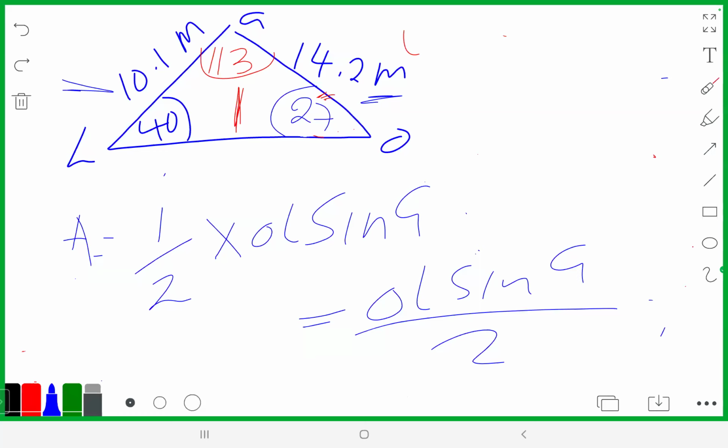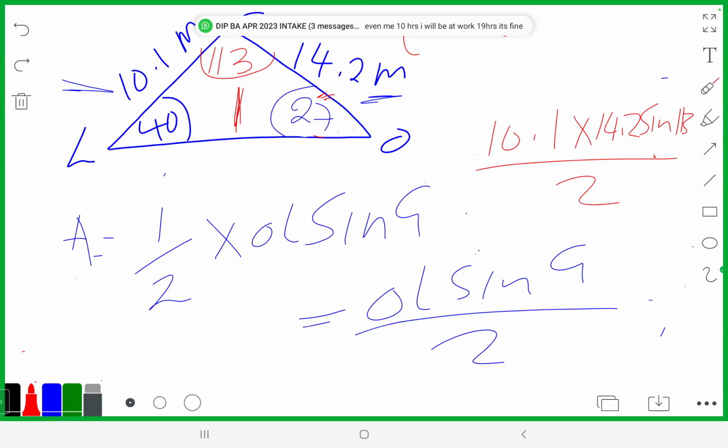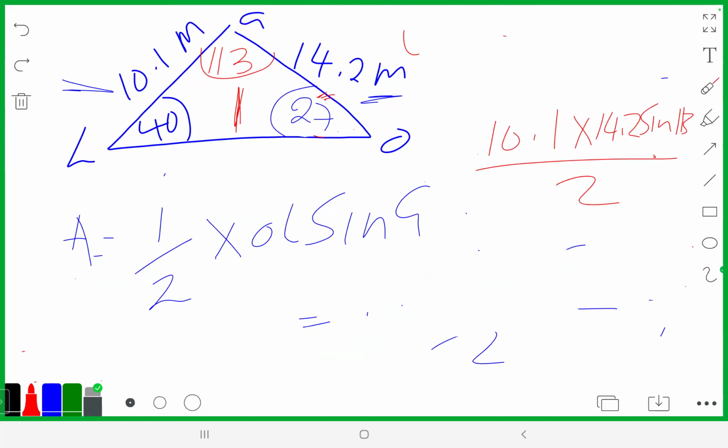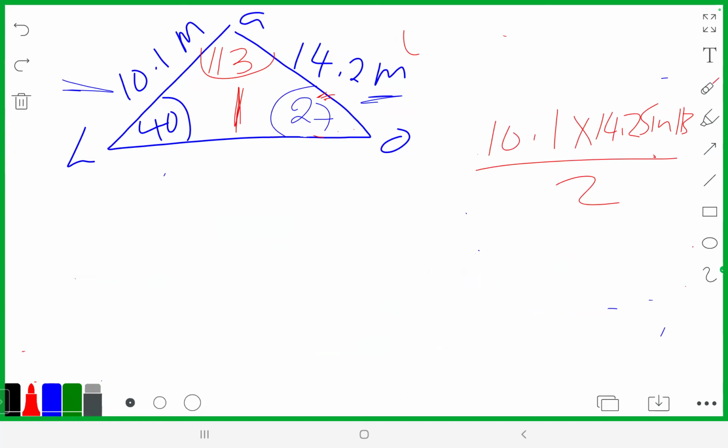So what is side O? 10.1 multiplied by 14.2 sine 113 divided by 2. That's the area. Hoping you're writing somewhere. I'm not too fast. You're able to follow. That's how you find the area.